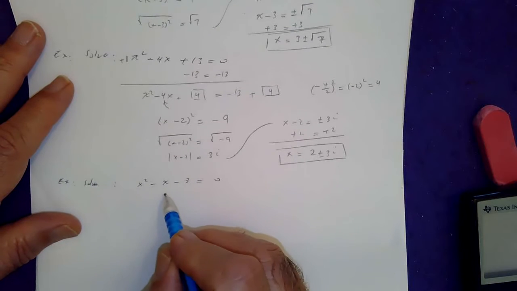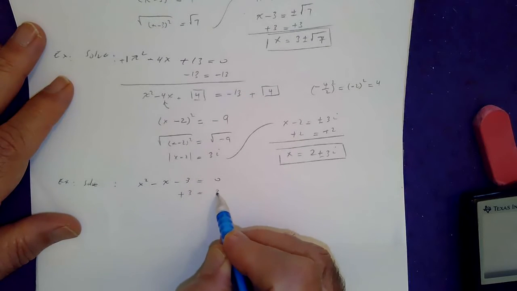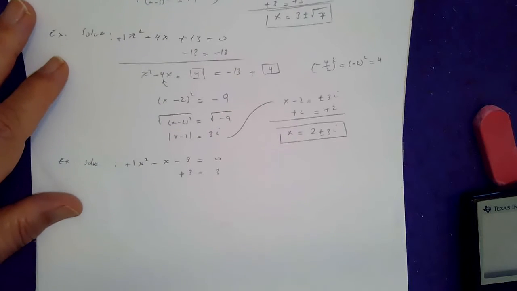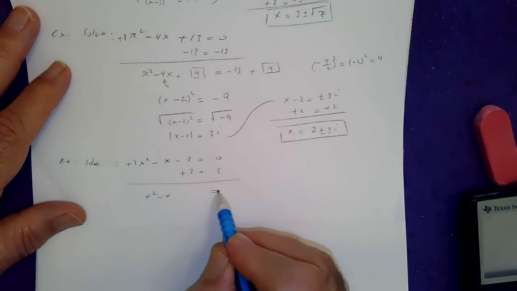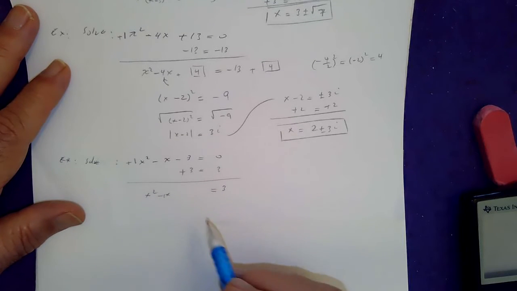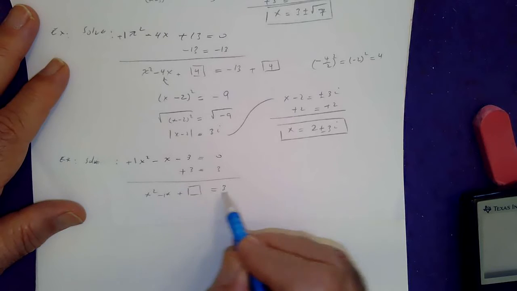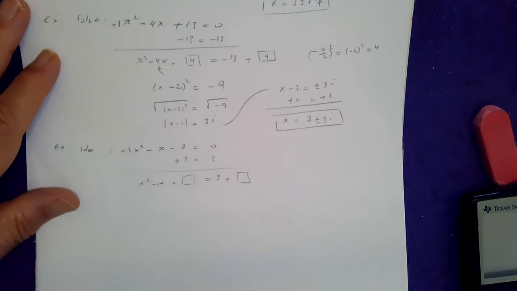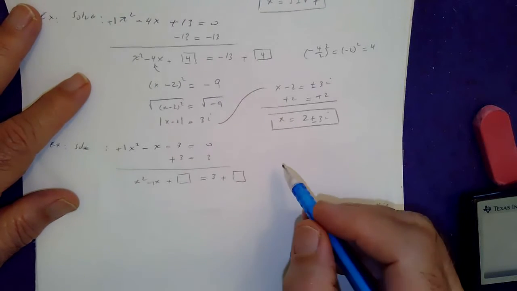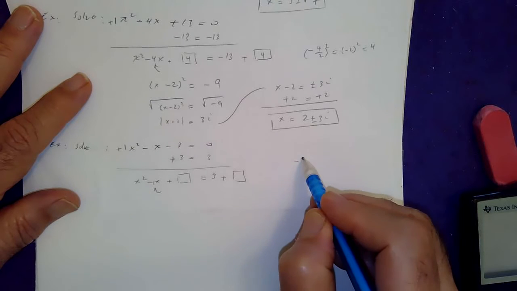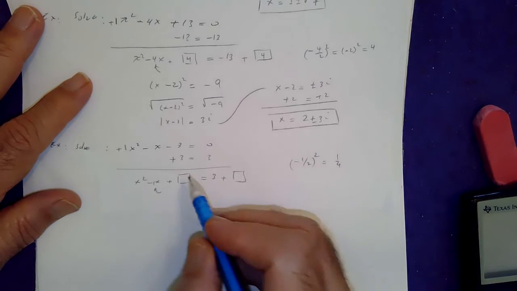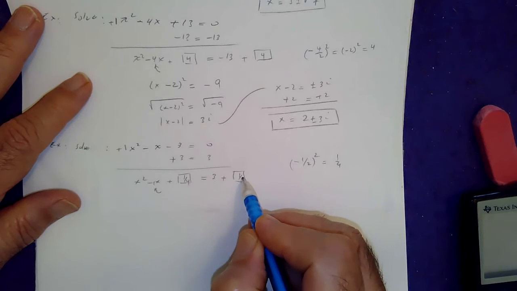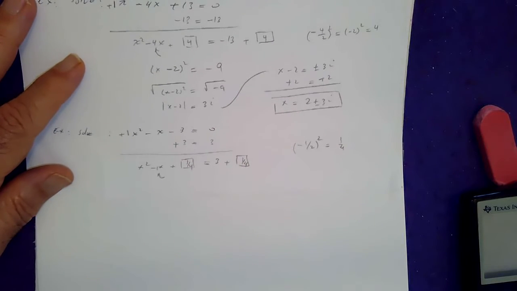Right here, you first add 3, make sure the leading coefficient is 1. So you end up with x squared minus x equals 3. Okay, so the question is, what do I add to both sides to complete the square on the left side? Well, take half of this guy, half of -1, and then square it, you get 1/4. So you add 1/4 to both sides of the equation.